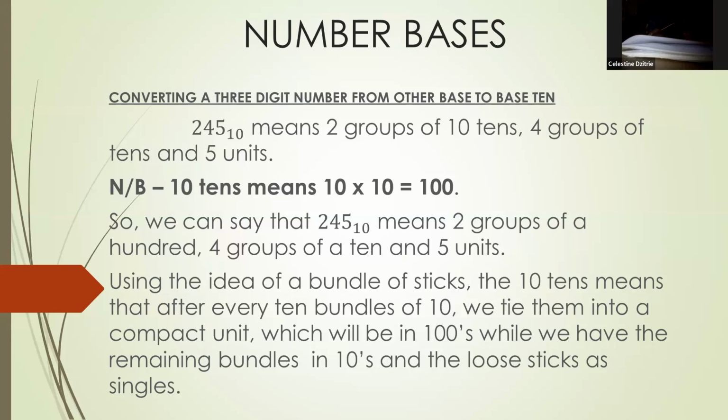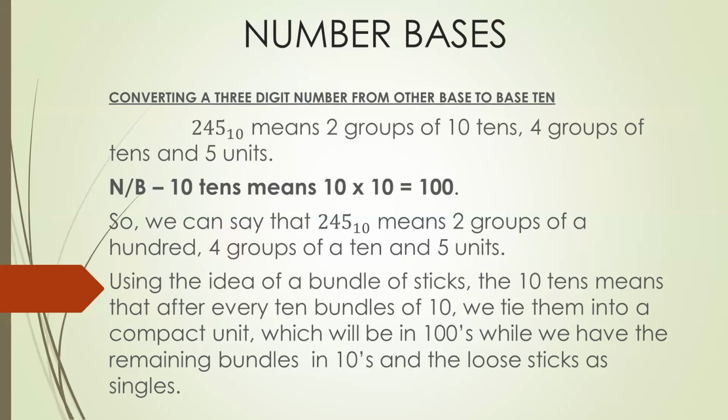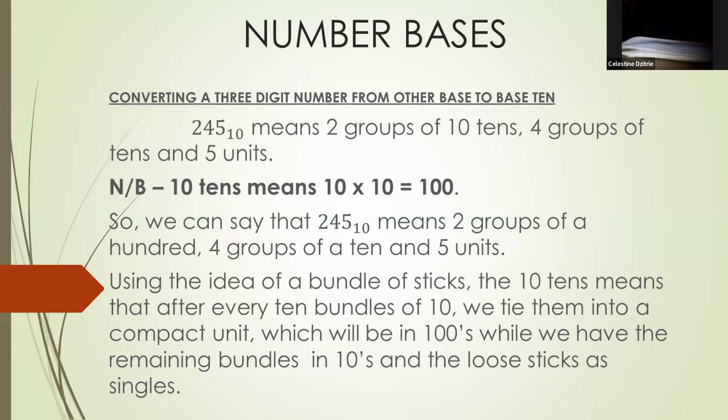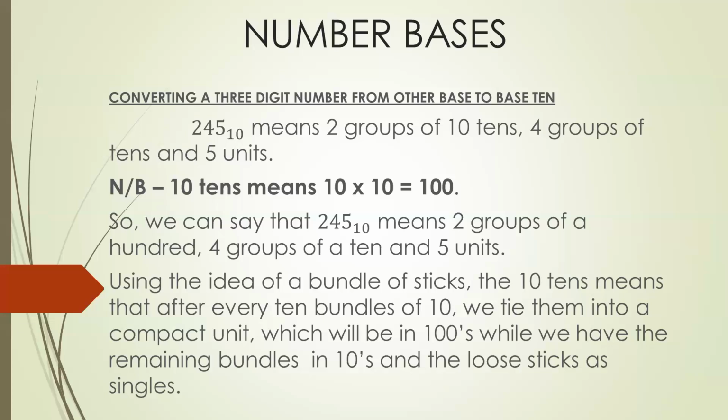The next one, which will be 10 bundles of 10, would now be the 3rd digit in front here. If you have 10 bundles of 10, it means 10 times 10, which means 100. So the 245 base 10 here means that the 2 is in the place of 10 tens, which is hundreds.